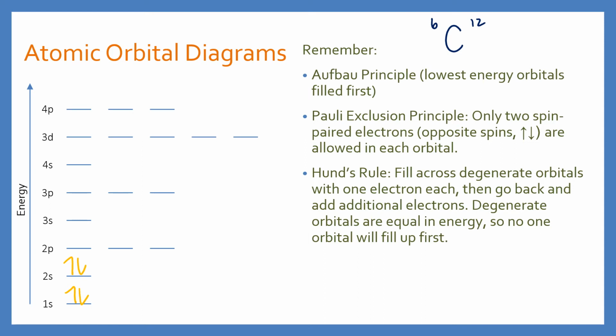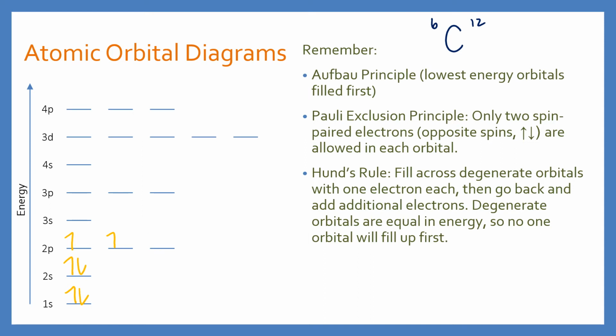So when you take your next 2 electrons, you're not going to put them in the same p orbital. You're going to spread them out over the p orbitals, and let's say that we had a higher atomic number element. We would have to continue to fill up our orbitals across using Hund's rule before we could go back and add in more electrons into those orbitals.